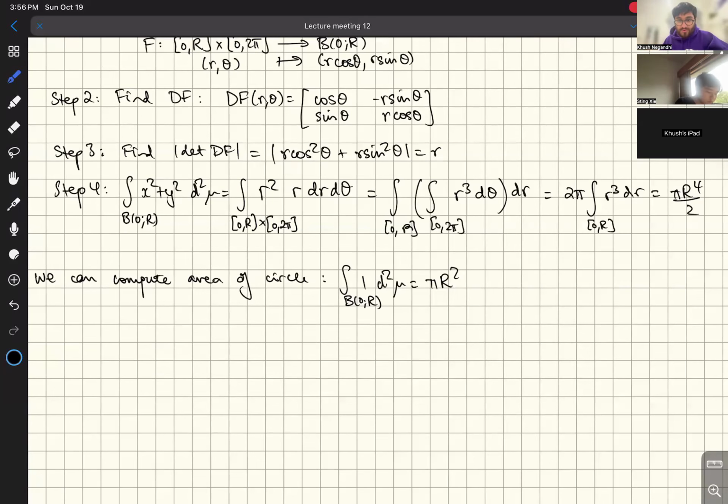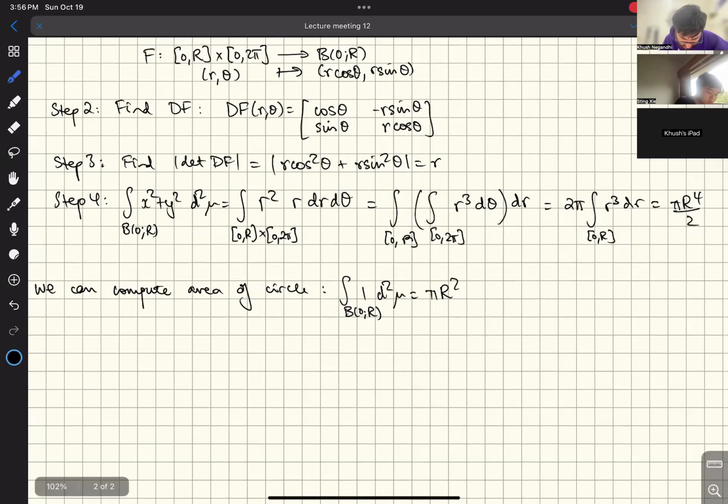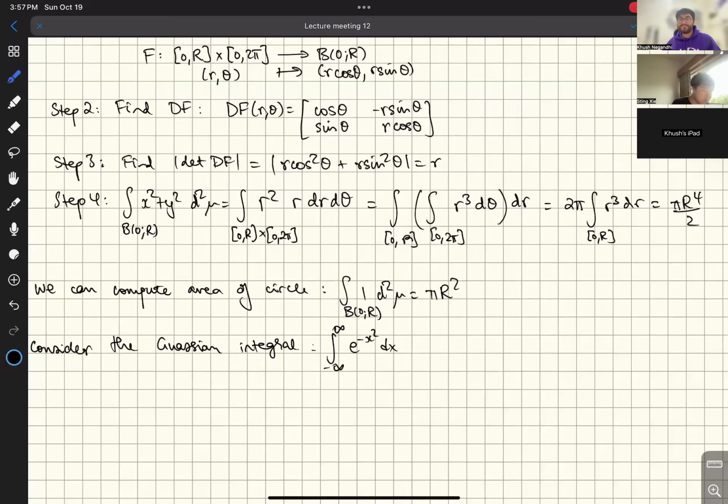So one of the most important places you might see this is something called the Gaussian integral. This is the integral from negative infinity to infinity of e to the minus x squared dx.